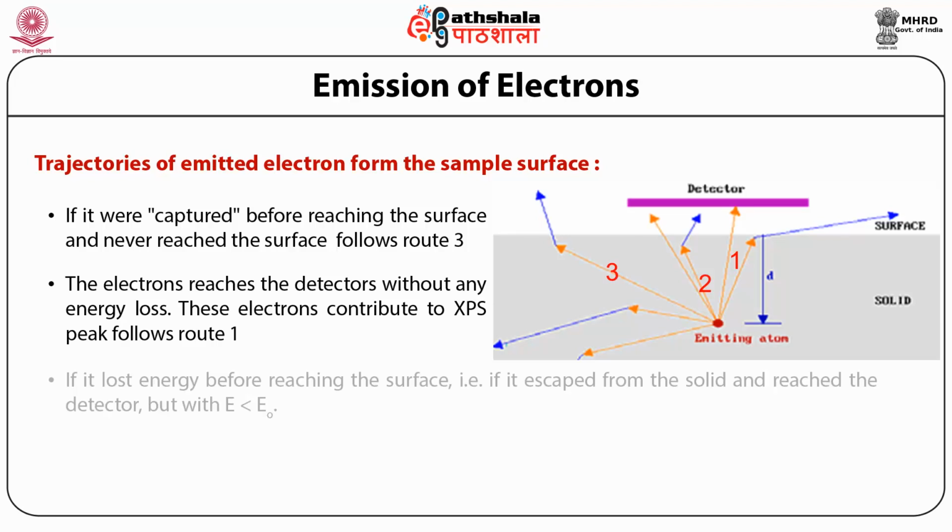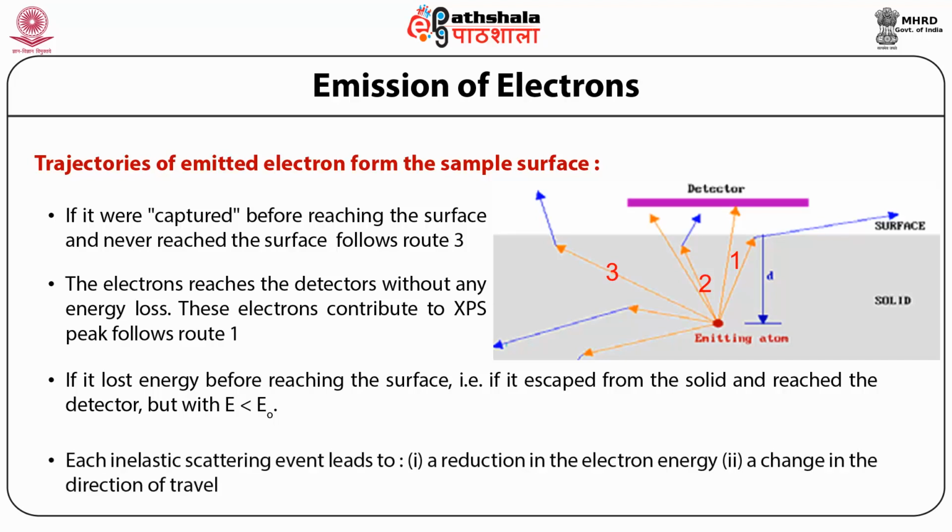Number 3, if the electron lost energy before reaching the surface, that is, if it escaped from the solid and reached the detector but with E less than E0, these electrons contribute to the background of the XPS spectrum, called inelastic scattering, which follows route 2.